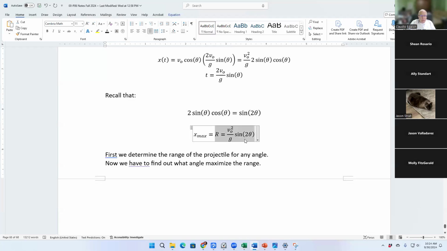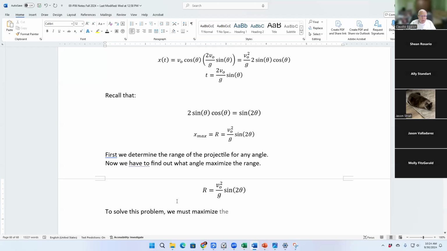And let's look at this guy here, right? Okay, so we must find theta. So this problem reduced to find theta. So the sine of 2 theta is equal to 1. That's what we have to do. The maximum value of sine of 2 theta is going to be 1. Okay? To solve this problem, we must maximize sine of 2 theta.